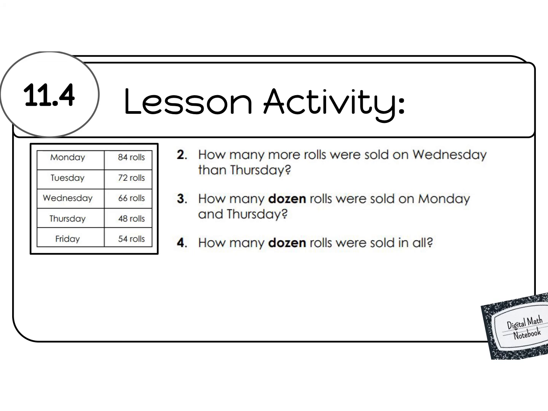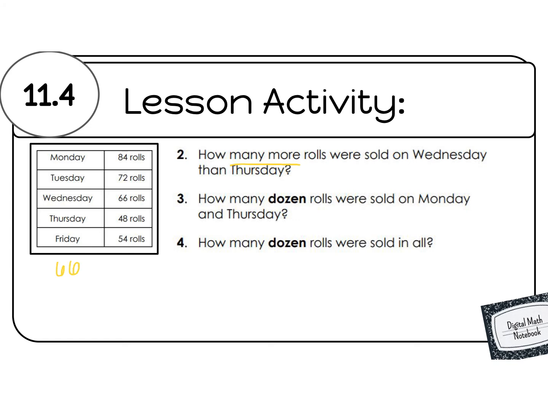Our first question says, how many more, now this is important, how many more rolls were sold on Wednesday than on Thursday? So we actually could look at this from our data chart. On Thursday, he only sold 48. On Wednesday, he sold 66. How many more tells us to subtract.